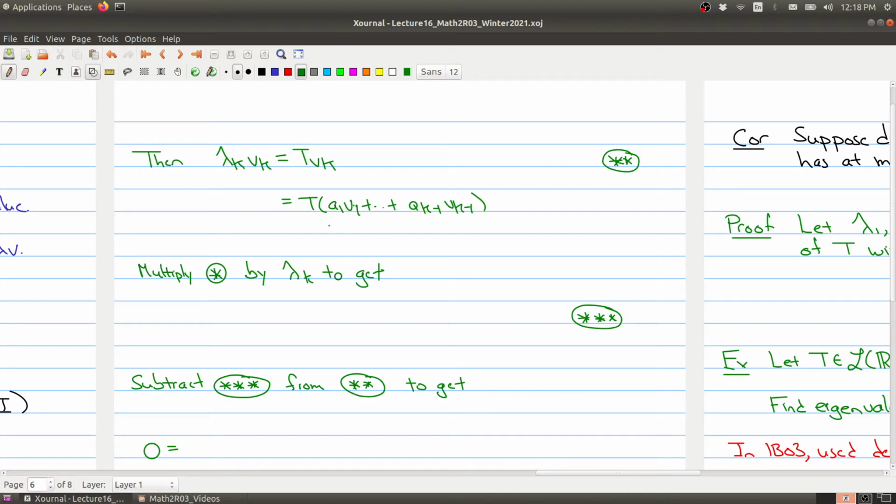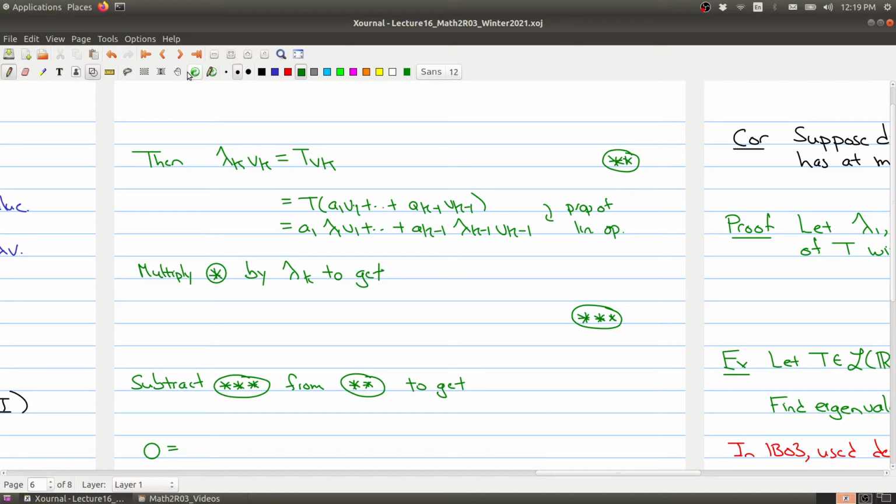And then we use the properties of a linear operator to rewrite this as a1 lambda 1 v1 all the way up to a(k-1) lambda (k-1) v(k-1). So we're just using properties of linear operators, or linear maps, to get this right here.